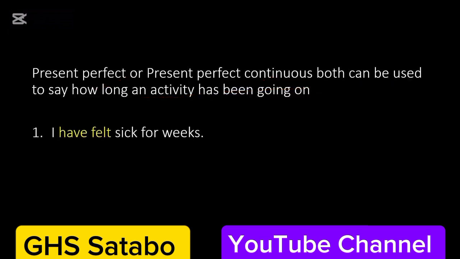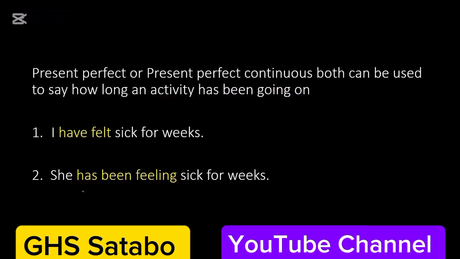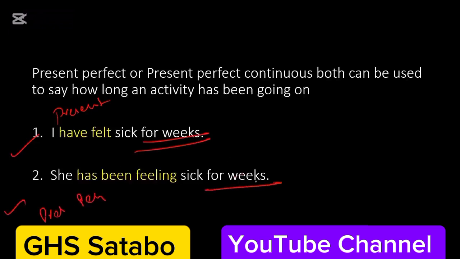The example: I have felt sick for weeks, or she has been feeling sick for weeks. So the first sentence is present perfect tense and we are focusing on the time period. The second sentence is present perfect continuous tense and I'm focusing on the time period again. So in both situations, all I'm focusing on is how long an activity has been going on.